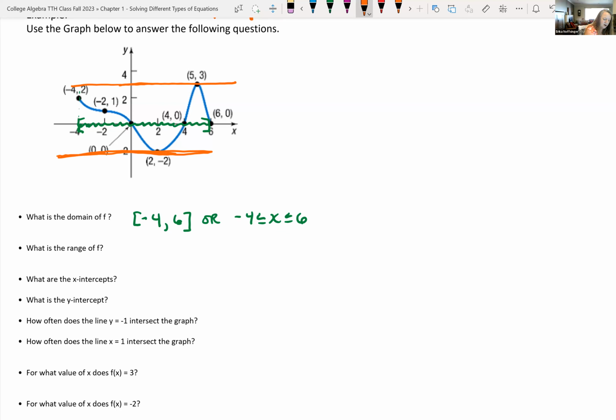And then it hits all the y values in between -2 and 3. So our range, we're always starting smallest to largest, -2 including, so a bracket, to 3 including, so a bracket. Or another way to express this is -2 is less than or equal to y is less than or equal to 3.